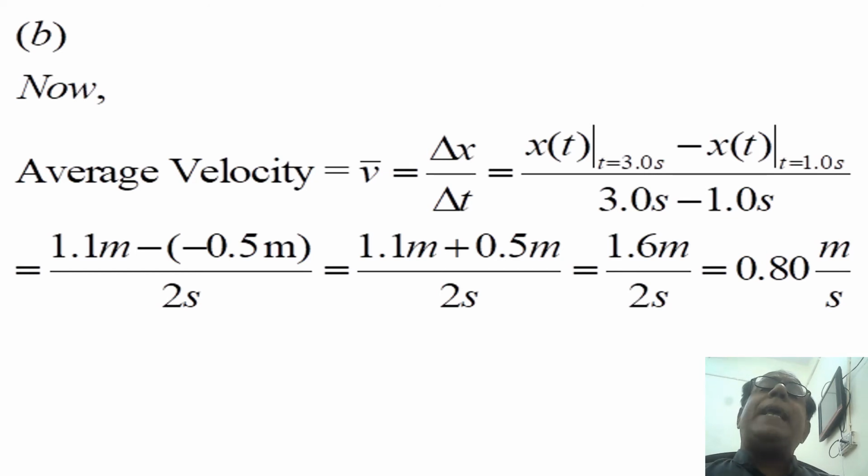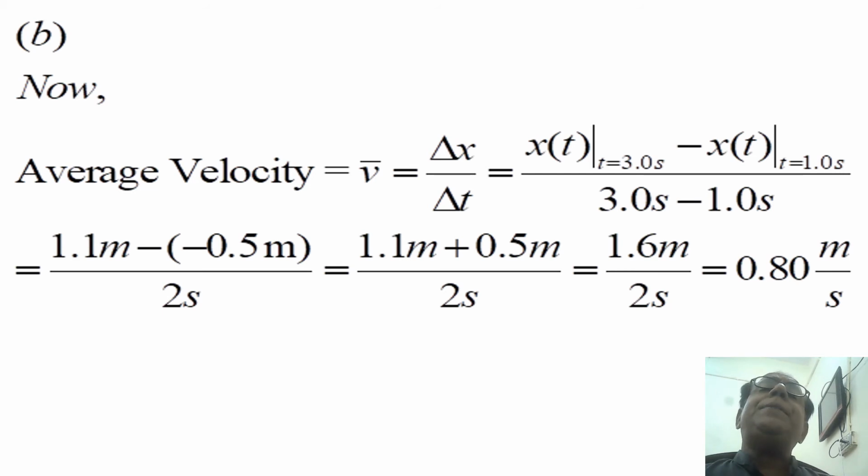Delta x means x2 minus x1, but here there are three terms: t equal to 1 second, t equal to 2 second, and t equal to 3 second. So the last minus the first will be written as x(t) at t equal to 3.0 second minus x(t) at t equal to 1.0 second, divided by delta t.